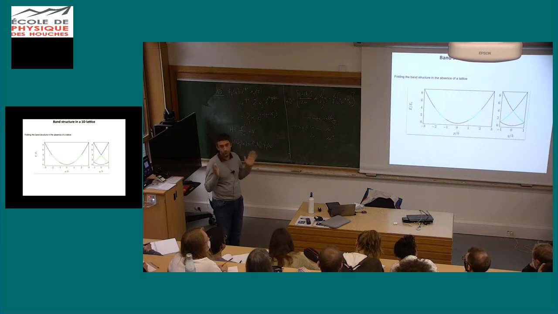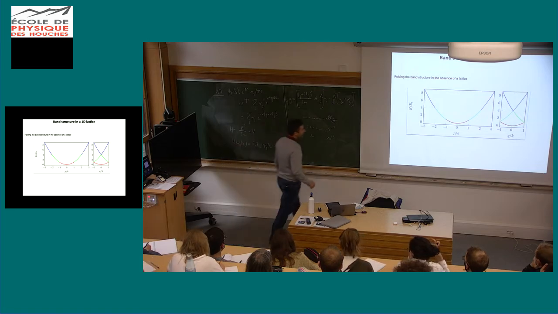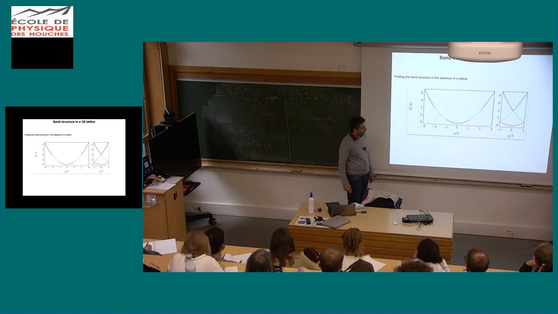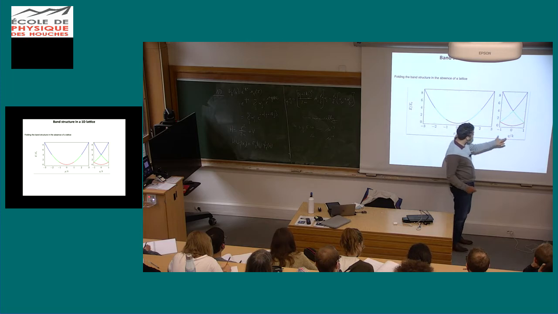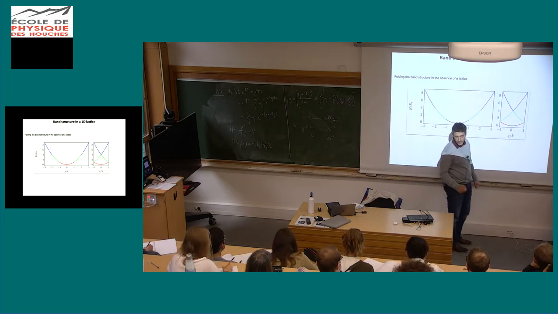So the first thing that I want to discuss is the fact that in the presence of this lattice, eigenfunctions and eigenvalues are well defined over the first Brillouin zone, which is between -1 and 1 in those units.